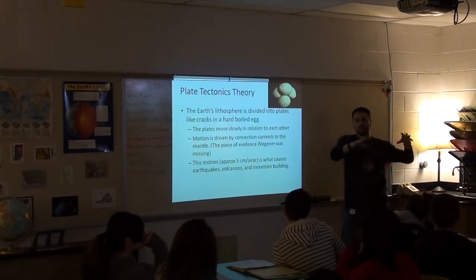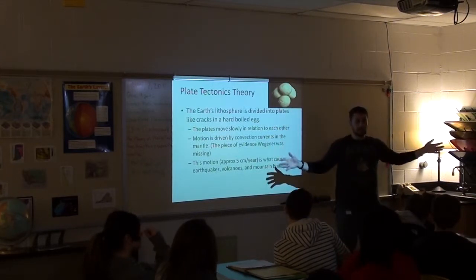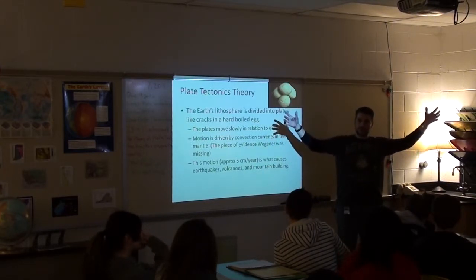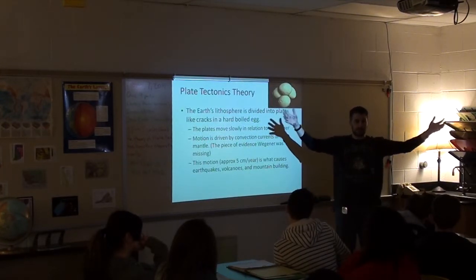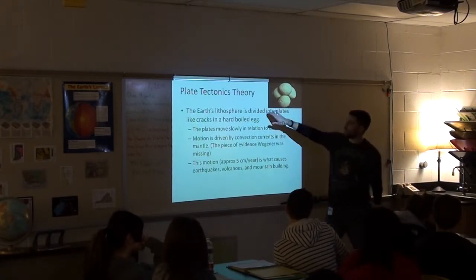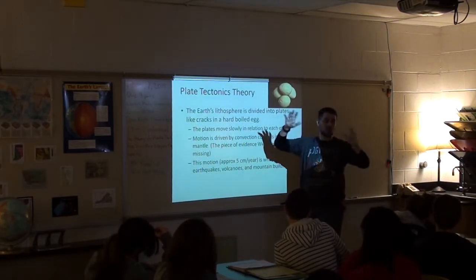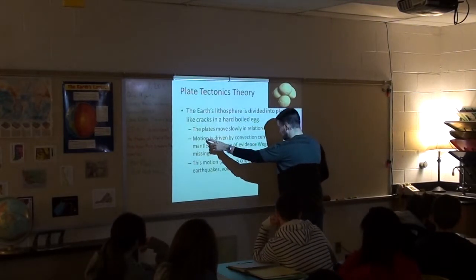So instead of having all these disjointed theories all over the place, let's come up with a unified, all-encompassing theory, law, whatever you want to call it, scientific thought on what actually is happening. So plate tectonic theory is putting it all together, and what it adds specifically is the motion.